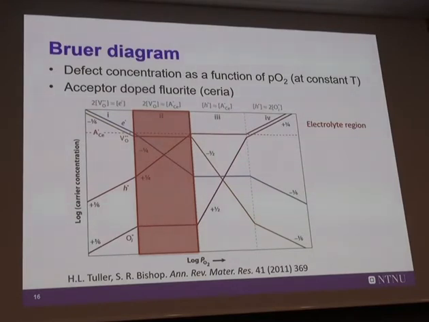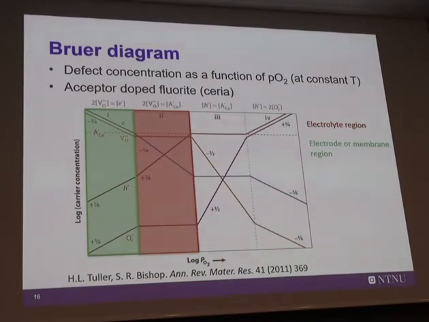If you, for example, would like to have a membrane or an electrode in a fuel cell, you would like to have both ionic conductivity and electronic conductivity. And one of the areas to be located in is the green area here, where you see that the two dominating point defects are oxygen vacancies and electrons.